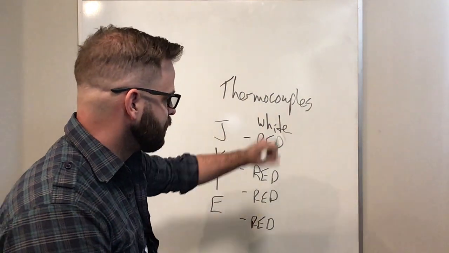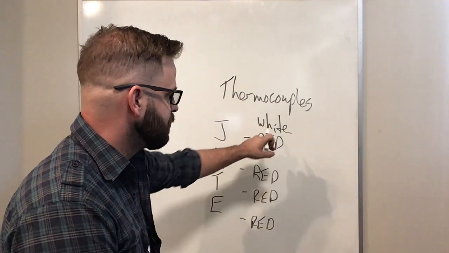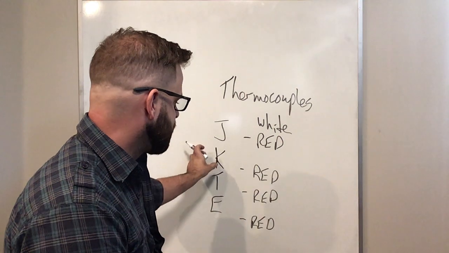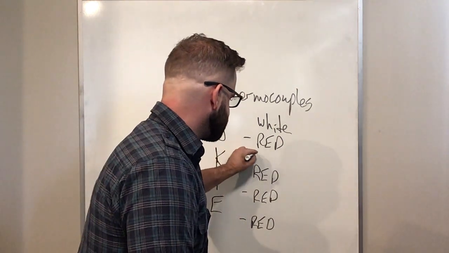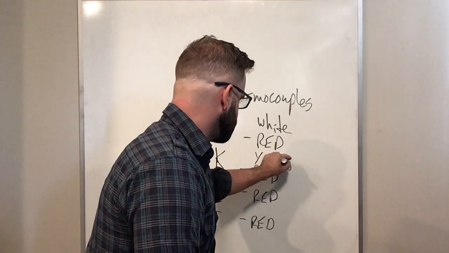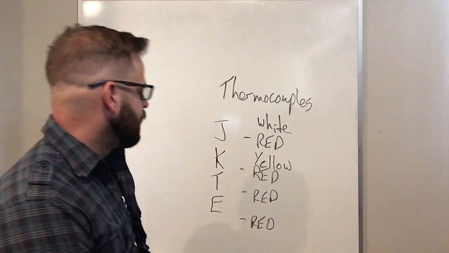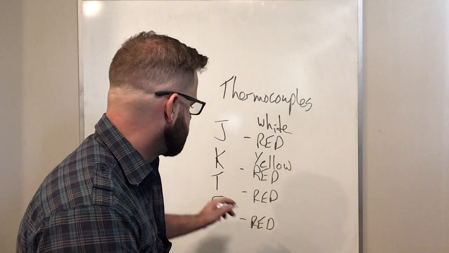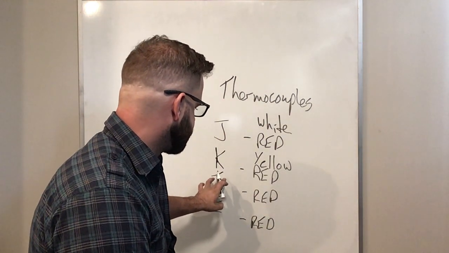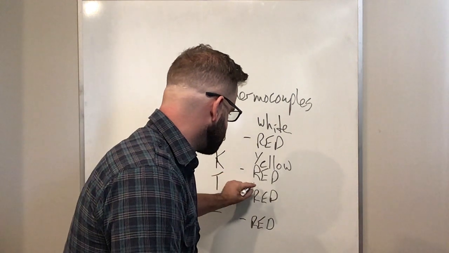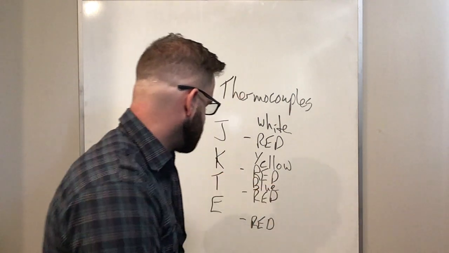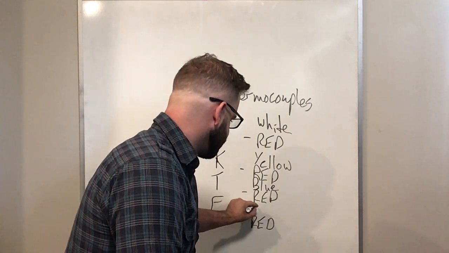So one of those wires is white, J-W, Jack White. And now let's do K. K has yellow. And I'll just put all these in first. Type T is blue, and type E is purple.